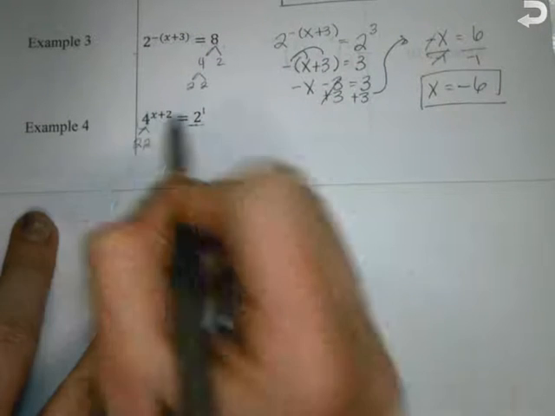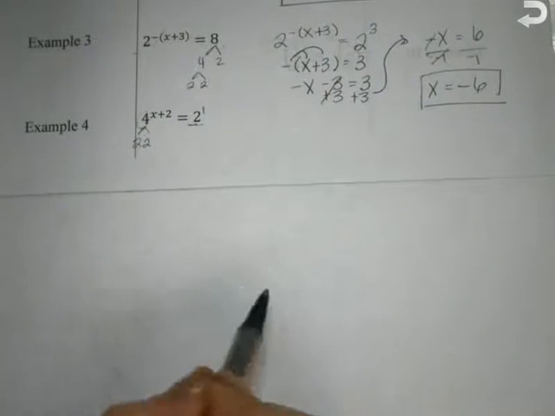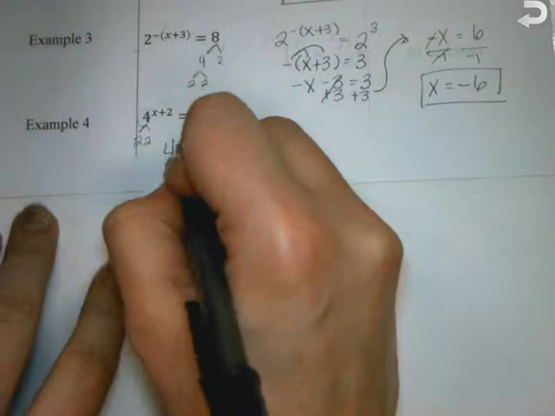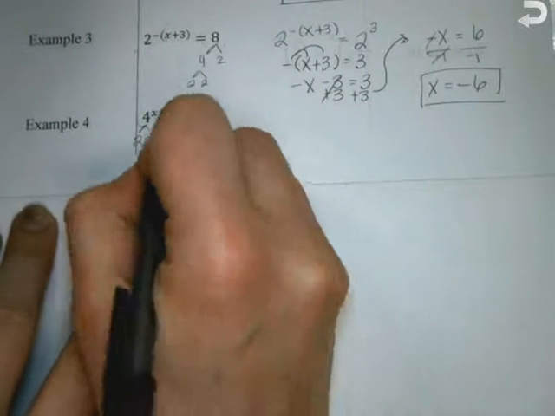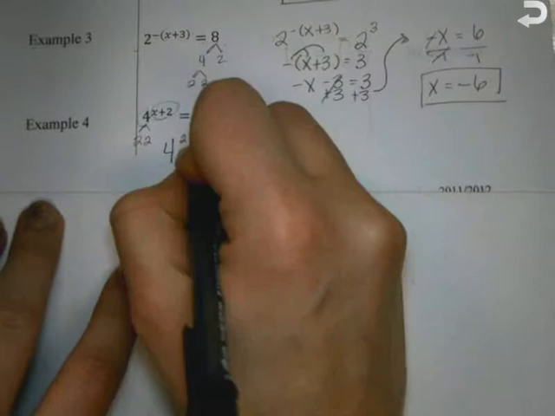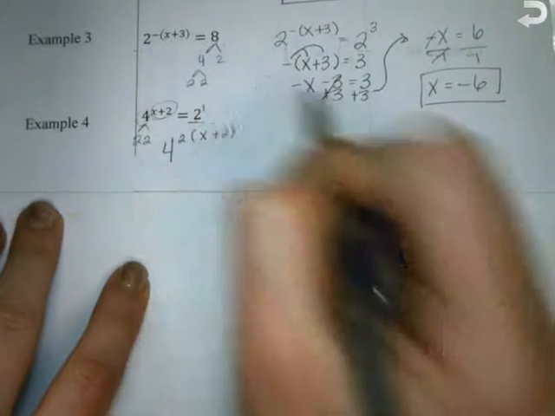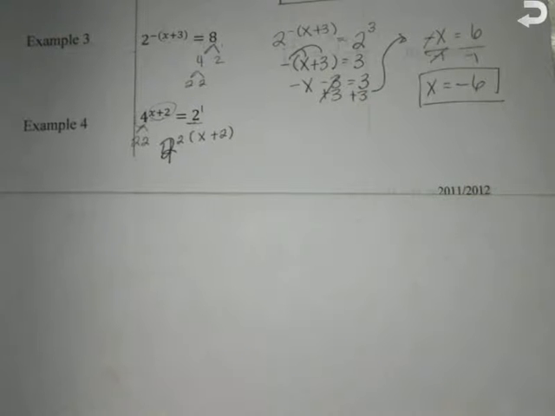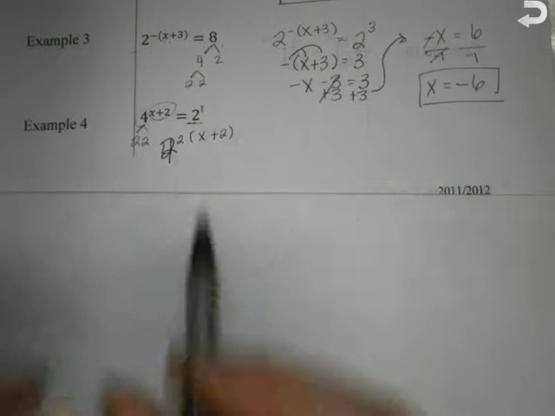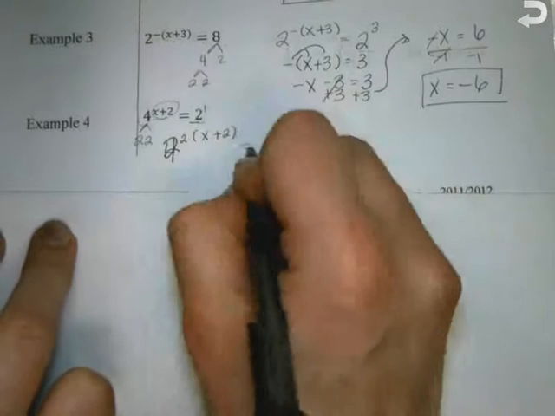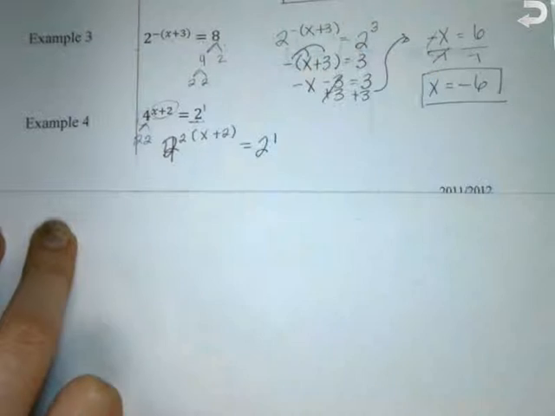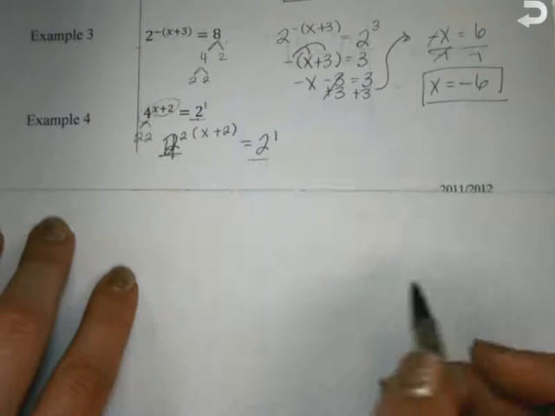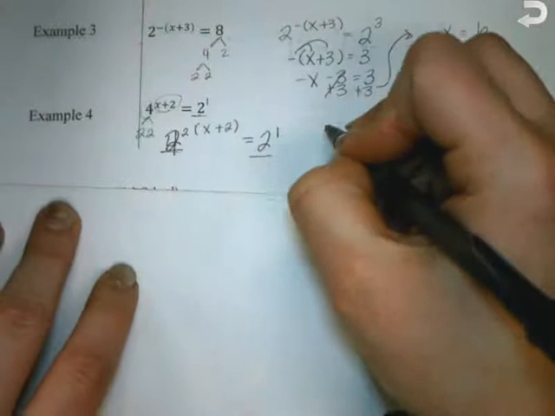So this is 4 to the second power, and I'll put it in parentheses, so we're going to multiply them. 2 to the second, to the 2 times x plus 2, equals 2 to the first. So now my bases are the same, right? I can drop those bases and keep 2 times x plus 2 equals 1.